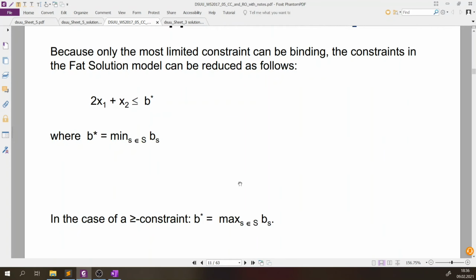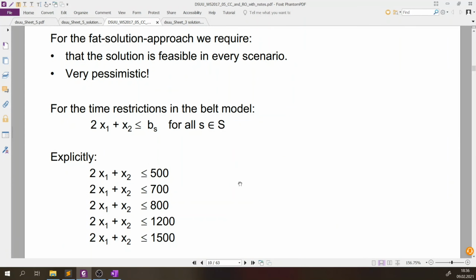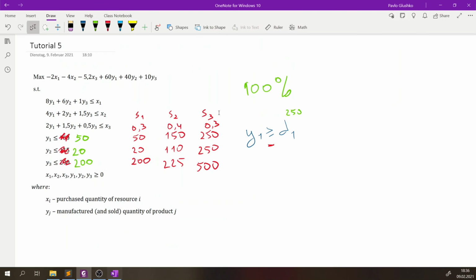And also in the lecture you see that such an approach is very pessimistic, or very expensive, because we assume all the cases that we might have, and also the worst case, with the smallest probability, with small probabilities. And therefore, if we want to take into account all the scenarios, it normally negatively influences our objective function.